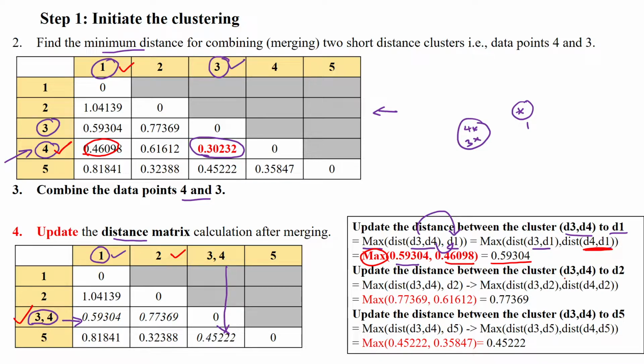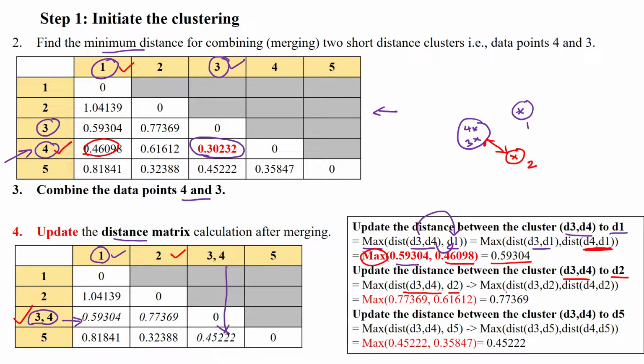Next is 3 comma 4 to 2, the cluster point d2. For this we have to update the distance. Again d3 comma 4 is one cluster and d2 is another.